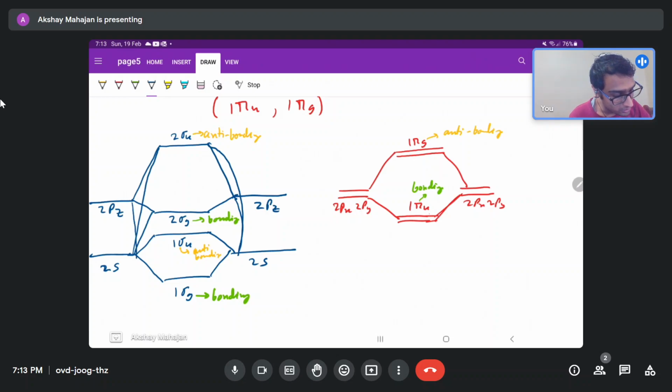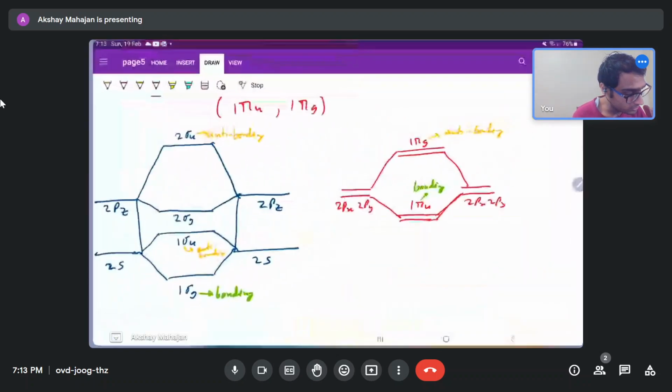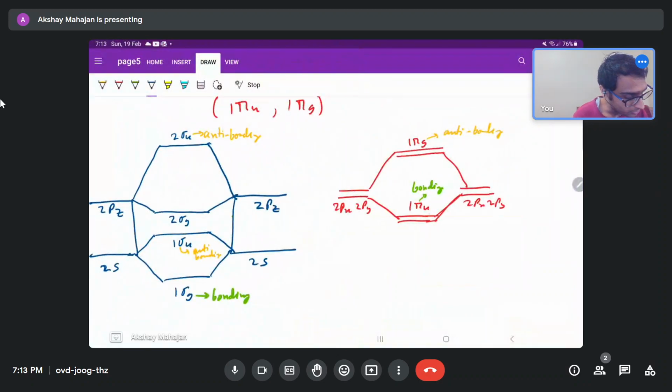Similarly, this 2pz will have contribution in both of these two. So basically there is contribution from this 2s and 2pz, and this will also have contribution here.